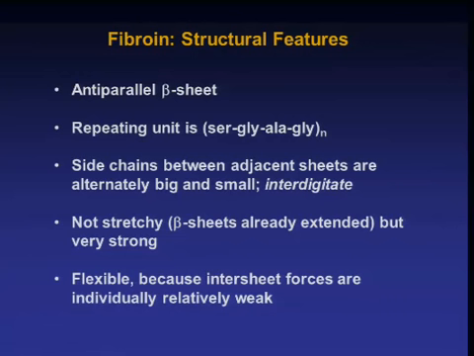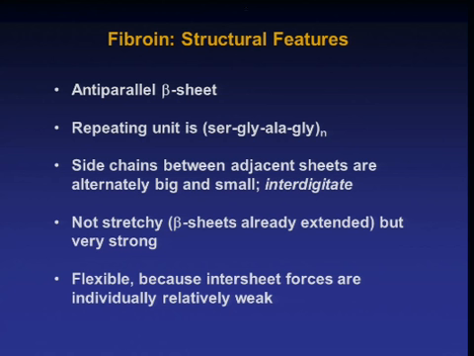H, it's the smallest side chain. So what we'll see is that these side chains between adjacent sheets alternate big, small, big, small. First of all, alanine and serine are not that big, but they're bigger than glycine. They're not charged, they're not big and bulky, but they allow these sheets to interdigitate, as you'll see.